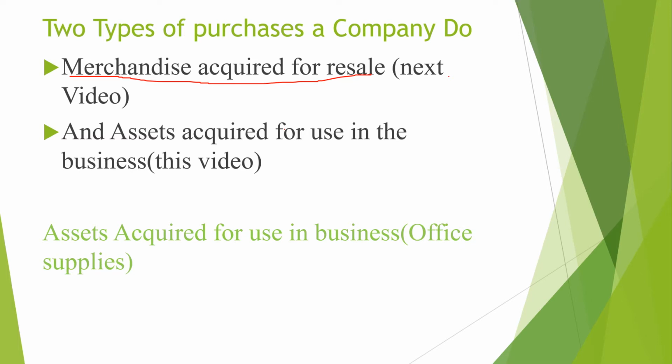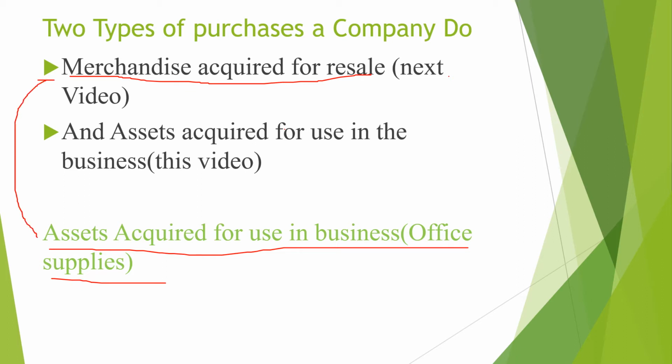How does the invoice look, how does the purchases journal look, and what is different in that purchases journal from the one for merchandising? That is our main objective, to see the difference between the two purchases journals. Let's see what is next.